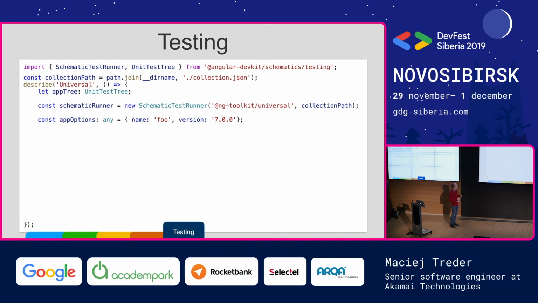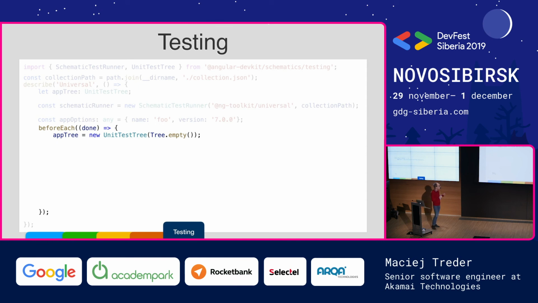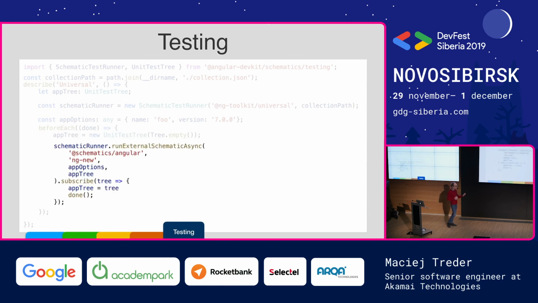Thanks to that, you are able to run whatever schematic you want before the test or during the test, etc. What I strongly recommend is to create the unit test tree, which will represent an empty file system, on which, before each, in this particular case, I'm doing that.